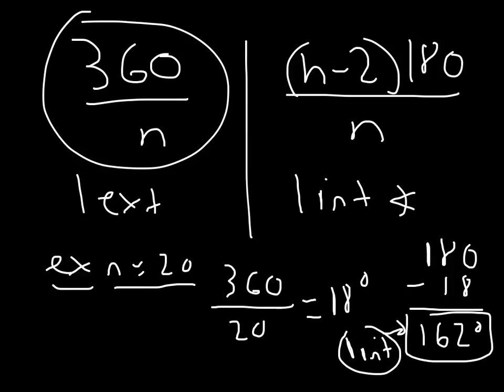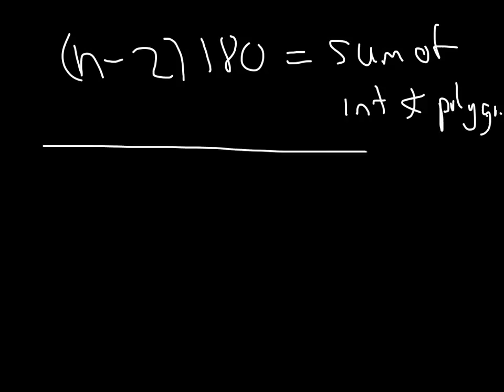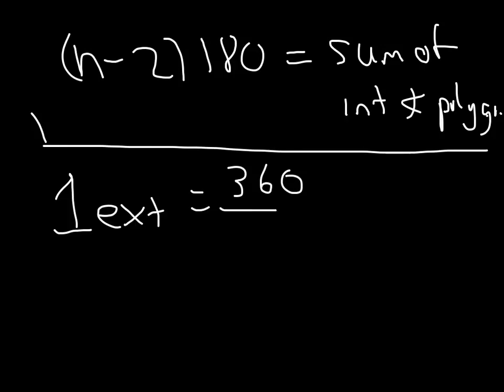So let's just review. You have to know the formula, n minus 2 times 180. That equals the sum of the interior angles in a polygon. It does not matter if it is a regular polygon or a non-regular polygon. It's all the same. If you want to find one exterior angle, I would do 360 over n.